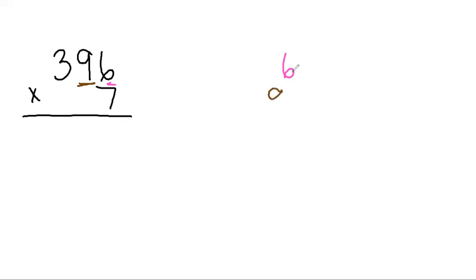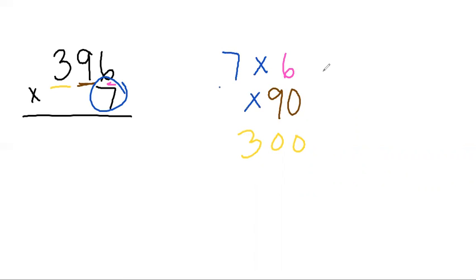The value of the 9 is 90 because I have 9 tens. And I have a 3 in the hundreds. 3 in the 100s is worth 300. Next step. Right, multiply them all by 7. Pause this video and go ahead and find the product of each one of these and come back and check your work.